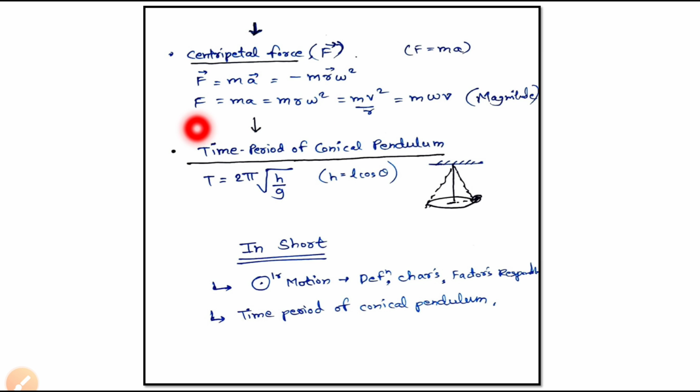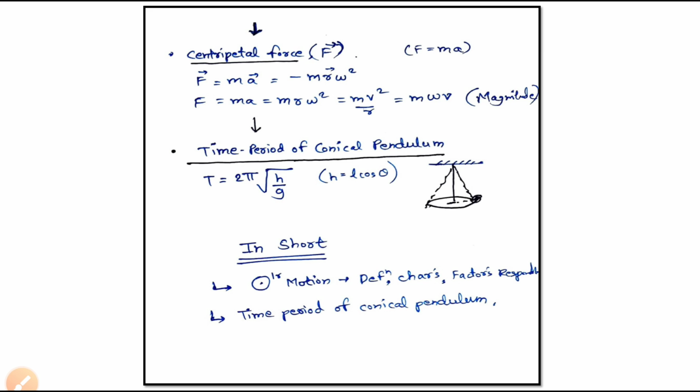In scalar form, force is m r omega square. Substituting omega as v by r, we get v square by r square, and a single r cancels from numerator and denominator, giving m v square upon r. Further, we can write v square as v into v, so m v remains and v by r gives omega, so m v omega is another form.